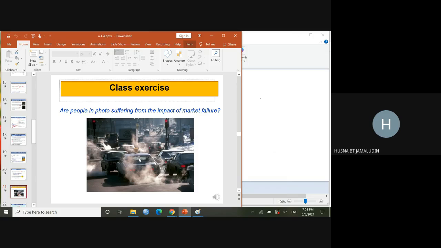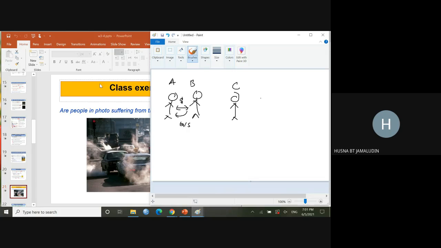So they are actually not suffering from the market failure, because they are the ones getting the benefits. They are making air pollution, but in return, when they go to work, they will get income. So they are not suffering from these externalities.